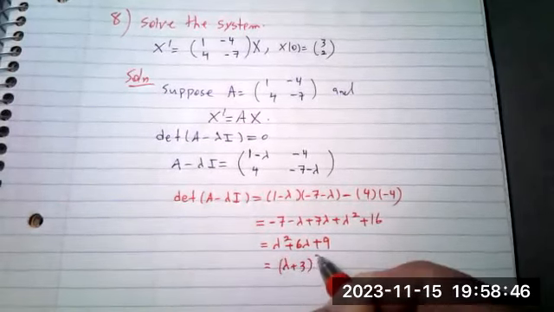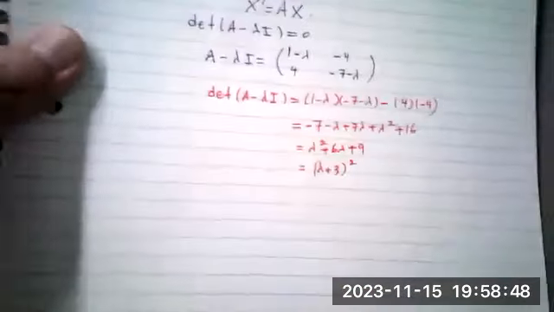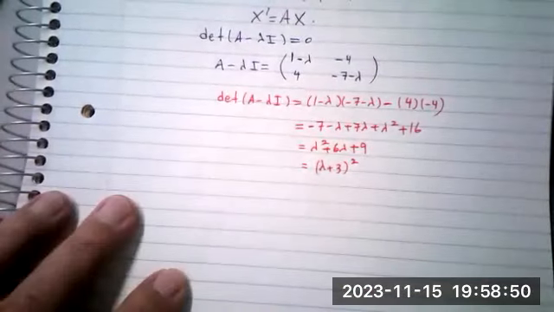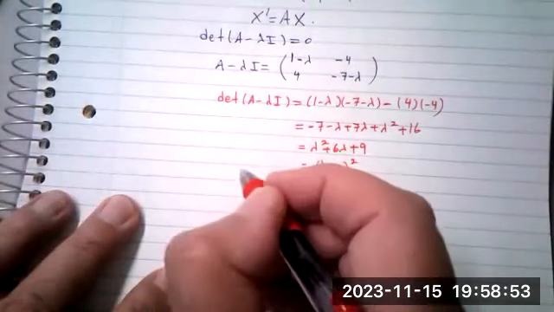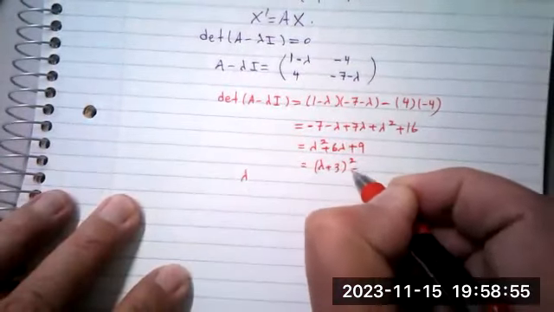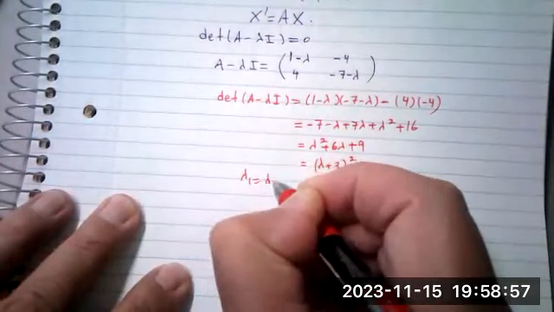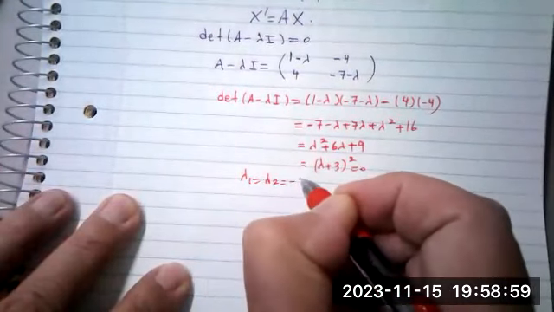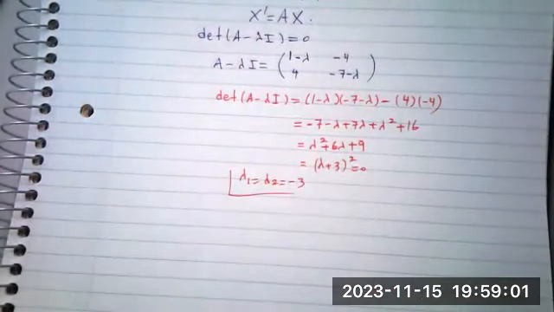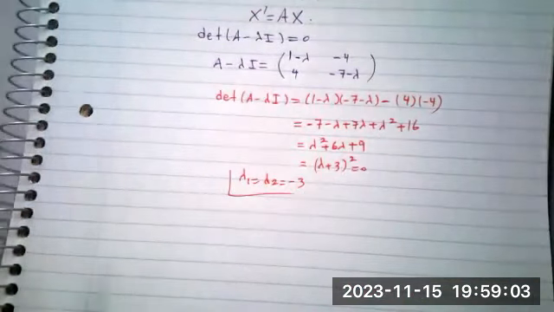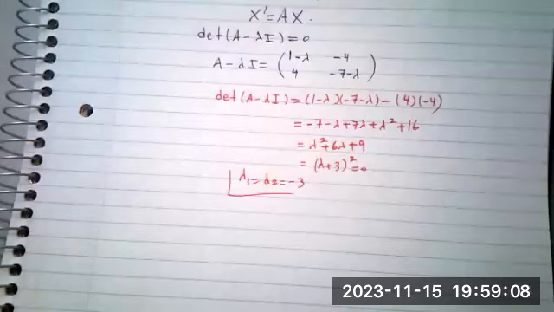But this is not intended for this quiz because we can't do it. In this case, you let it equal to 0, so lambda 1 equal to lambda 2 equal to negative 3. I did check the solution, but I don't know why I gave you this one.